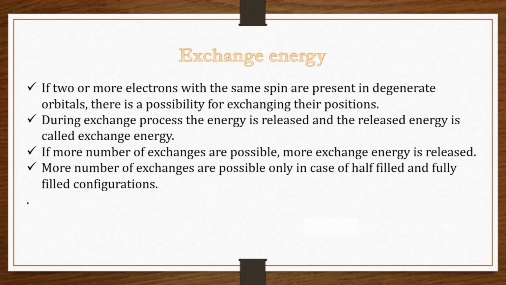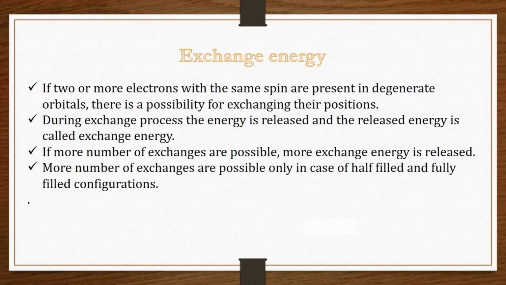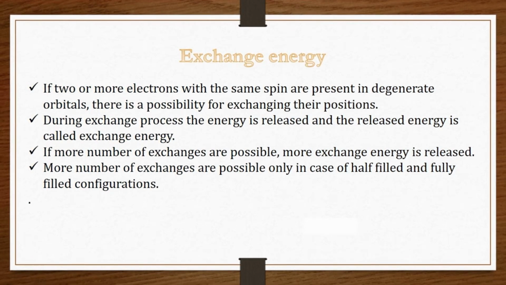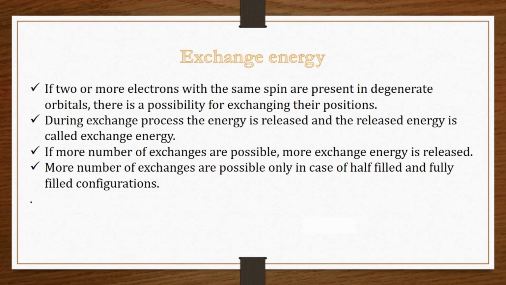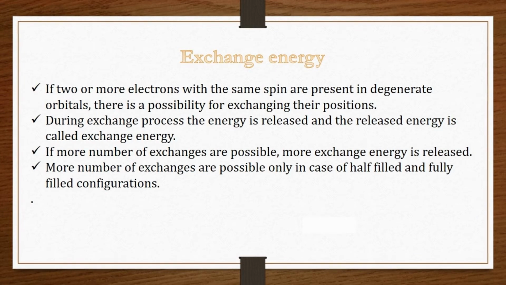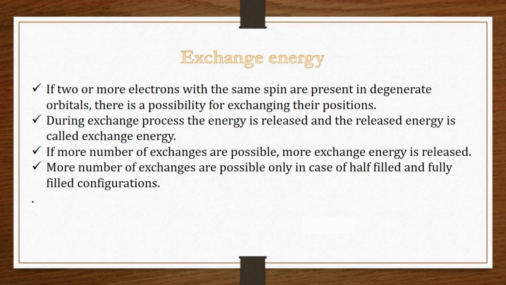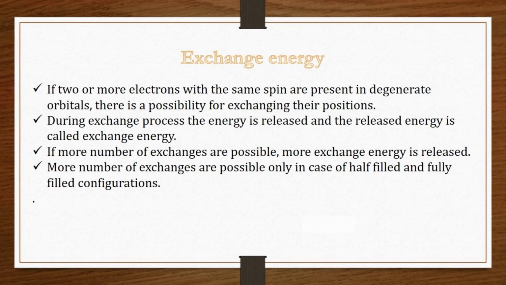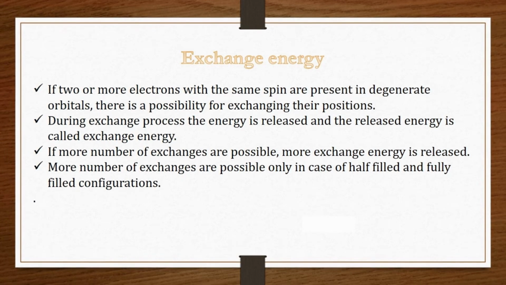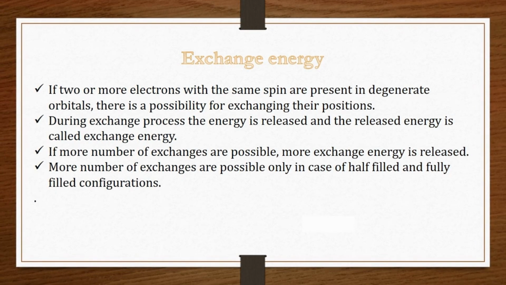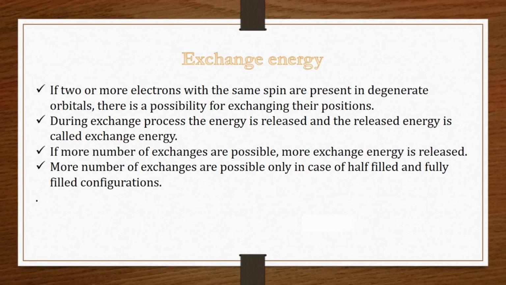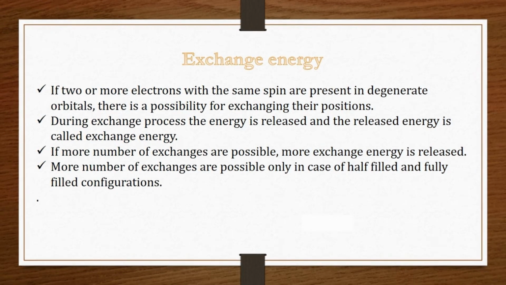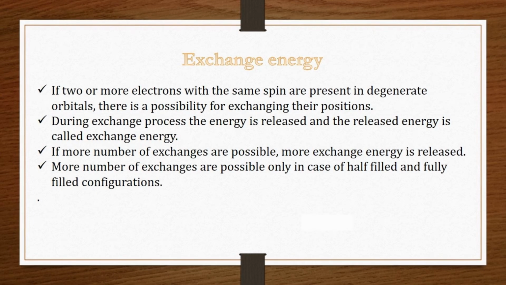The greater the number of exchanges, the greater the exchange energy and hence the greater the stability. As the number of exchanges that take place in a half-filled and fully filled orbital is maximum, the exchange energy will also be maximum, which results in maximum stability of the atom.